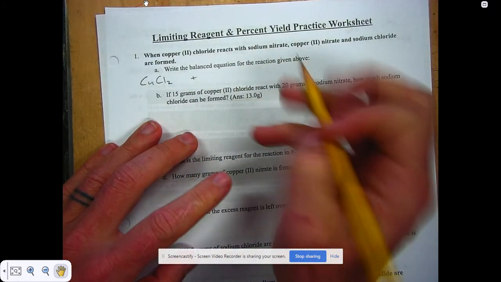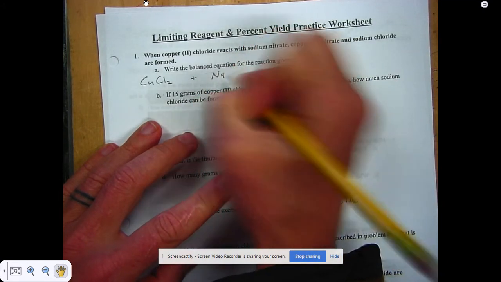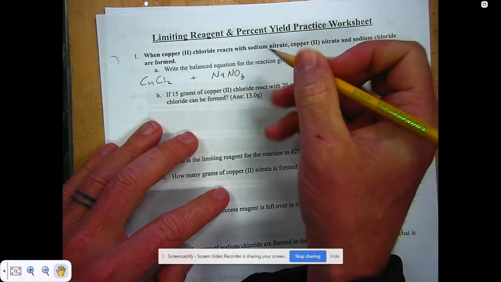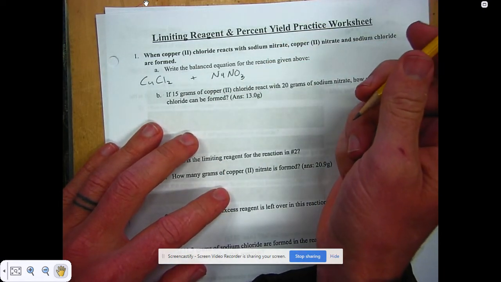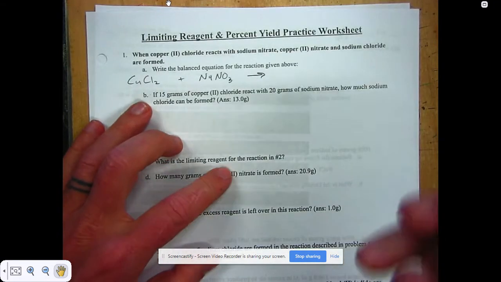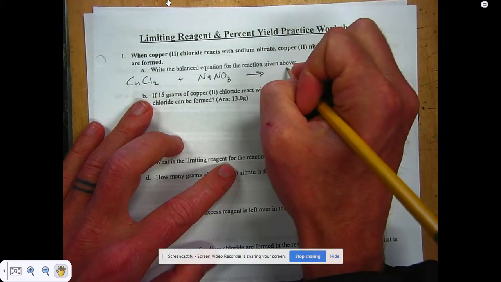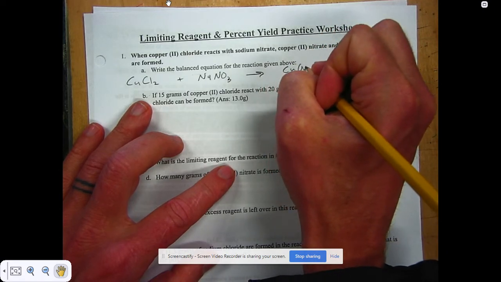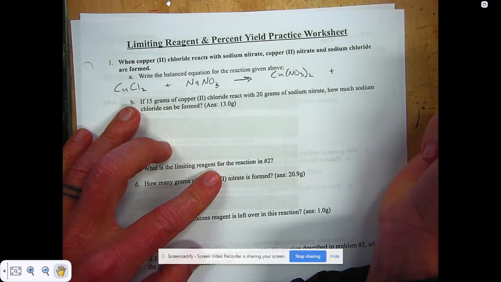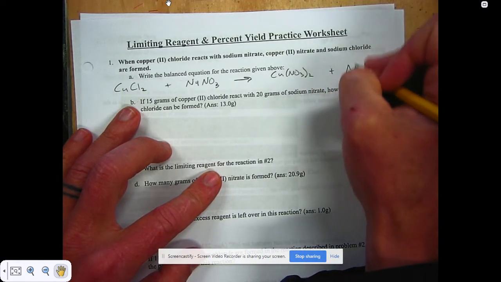And then we've got sodium nitrate, and sodium has a 1 plus charge, and nitrate has a 1 minus charge. So they're at a 1-to-1 ratio, and they're going to react to form copper 2 nitrate. We're going to need 2 nitrates to go with that copper 2, and sodium chloride.